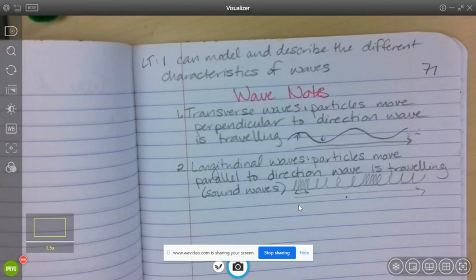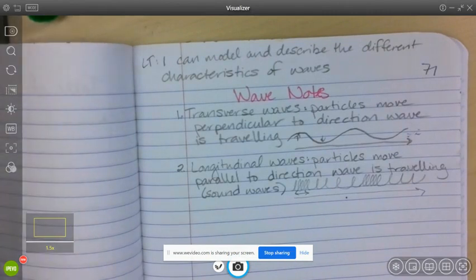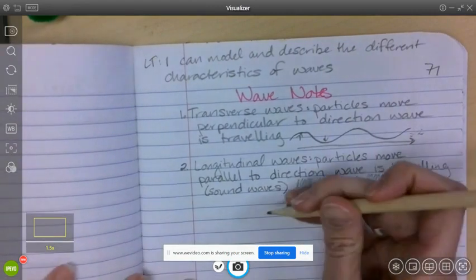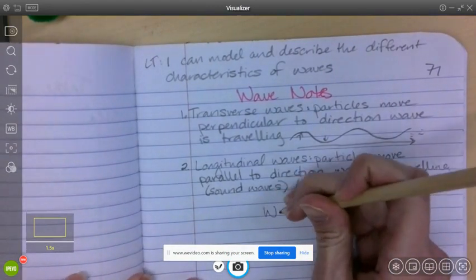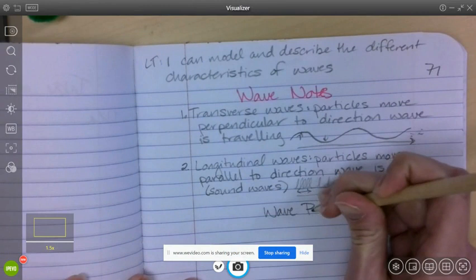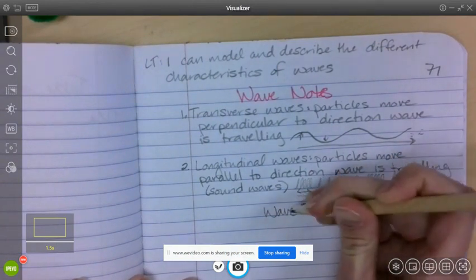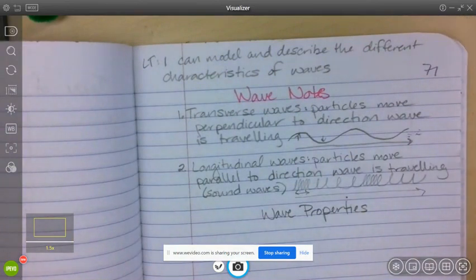Okay? All right, next what we're going to talk about are just some properties that waves have. So let's write out wave properties. Probably. Oh, and if you guys want some color, we'll use some color for this part.